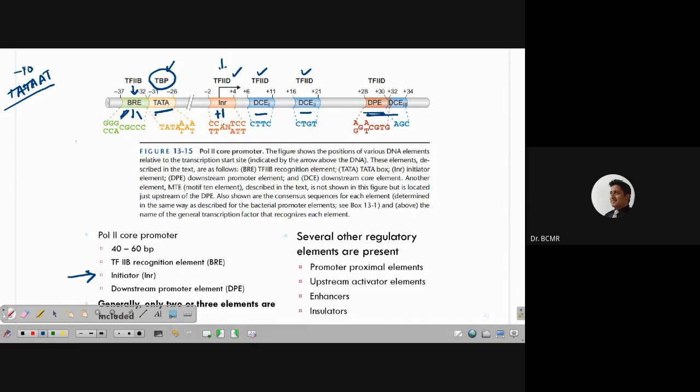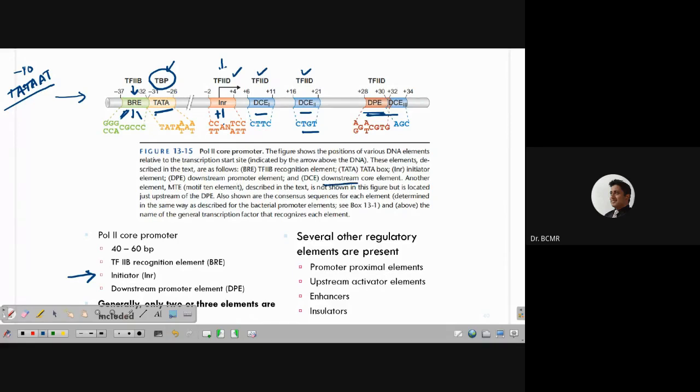Okay, I hope you don't have to mug up everything. You don't have to mug up anything of it, actually. But try to know the names of some transcription factors, which we will learn when we are learning the initiation of transcription in the coming slides or in the next class. Okay, so different regions have different sequences, and it's not necessary that all the promoters have all these elements. There could be more or less of these.